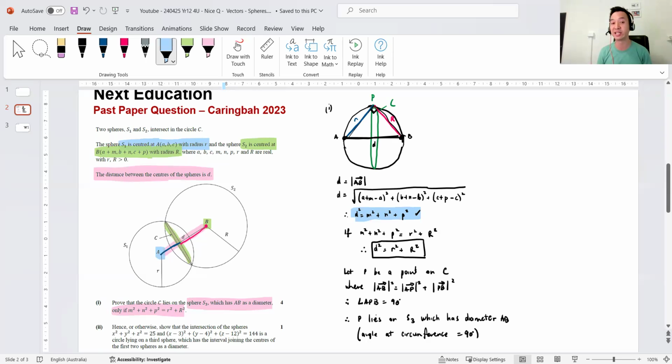In the question, it says if m squared plus n squared plus p squared is equal to d squared, so if this is true, if m squared plus n squared plus p squared equals r squared plus R squared, that's basically telling us that the diameter squared equals the two radii squared added together, the sum of them. We know then, if that's true, diagrammatically, these two sides equal to this guy. That's Pythagoras, right? If it's Pythagoras, it'll subtend the right angle on the circumference.